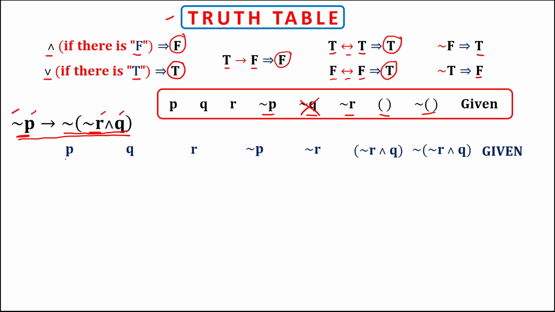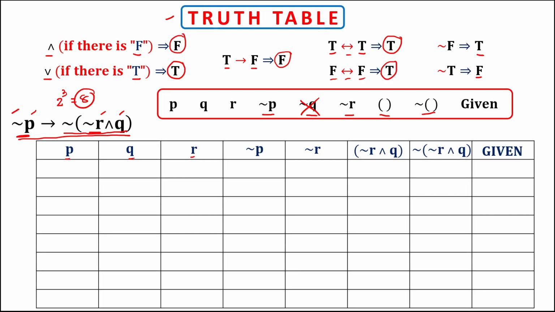So observe, since there are three variables, this one is 2 to the power 3. Therefore, there are 8 rows. Then the truth values for every column: for P, we have 4 true and 4 false.